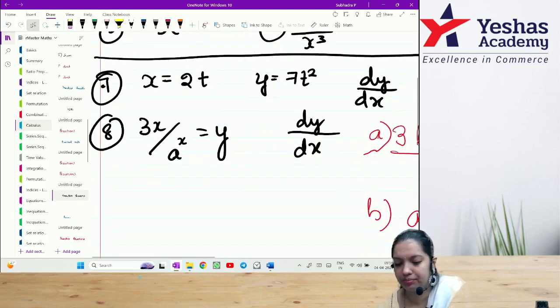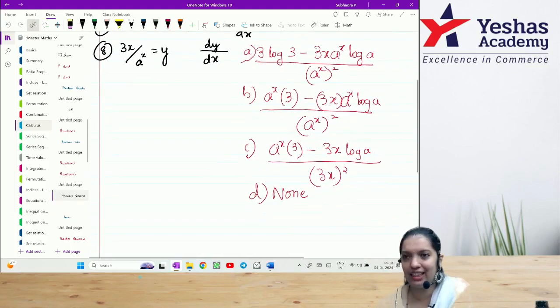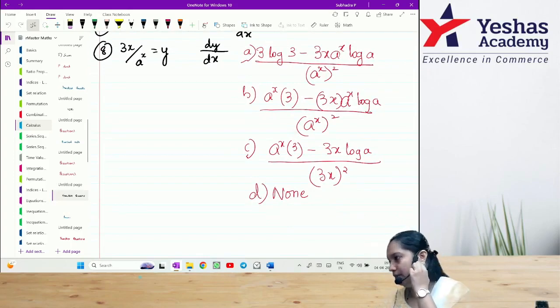Question number 8. Look, for question 8 I have given the options. Check which option you are getting. Rahul, your option? Write the 8th one, please.